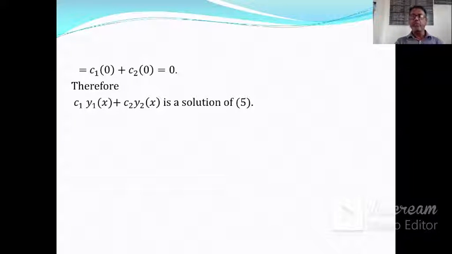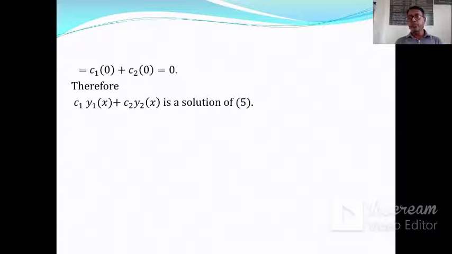Do you understand this theorem properly? Here, what we have seen in this theorem is: if y1 of x and y2 of x are solutions of the nth order homogeneous linear differential equation with constant coefficients, and C1 and C2 are any two constants, then C1 y1 of x plus C2 y2 of x is also a solution of the nth order homogeneous linear differential equation with constant coefficients.